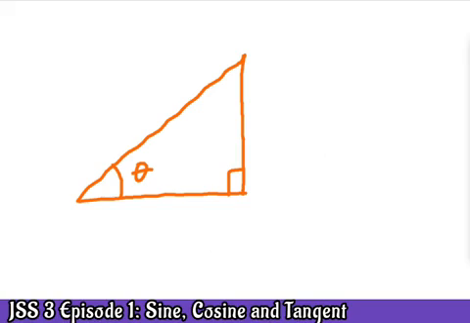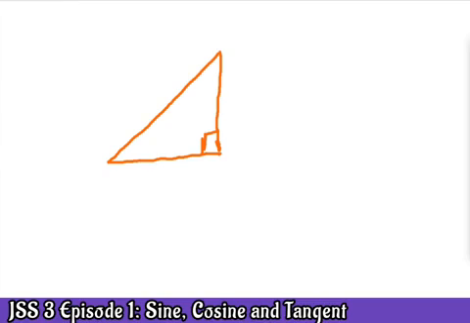So if we increase the length of even one side of the triangle, it must definitely affect the length of the other ones. You have to note this.